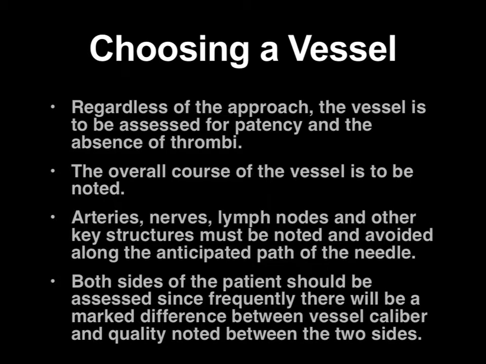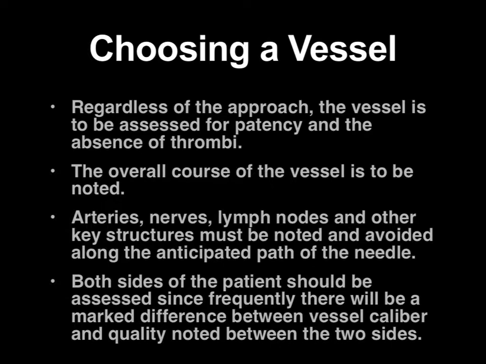In terms of choosing a vessel, regardless of the approach, the vessel has to be assessed for patency and absence of thrombus. You want to make sure that the overall course of the vessel is noted and that it's in line with how you're going to approach it.